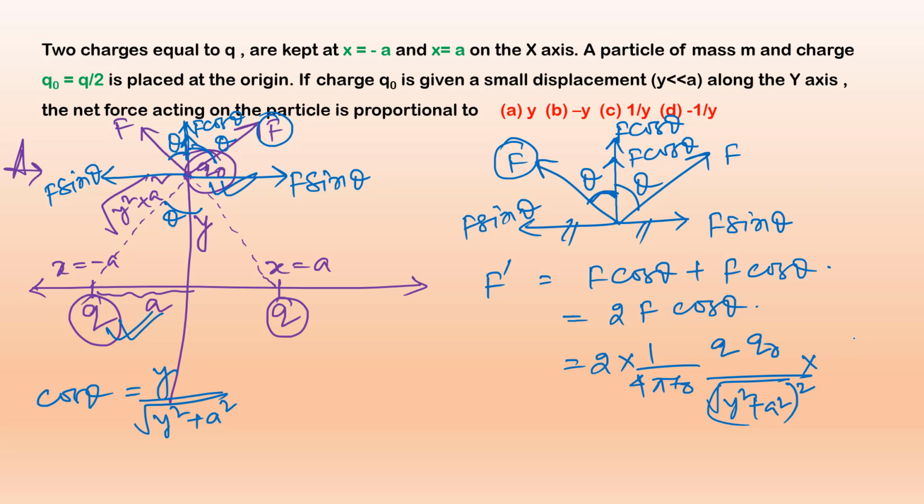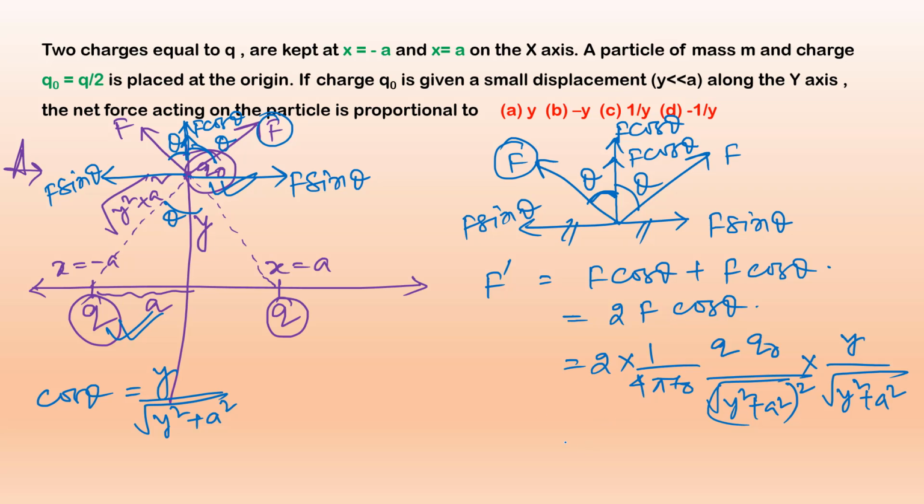The value of cos theta is y by under root of y square plus a square. This big expression will be of no use. We just have to find which quantity the force is proportional to: y, minus y, 1 by y or minus 1 by y. We have to find that thing only.